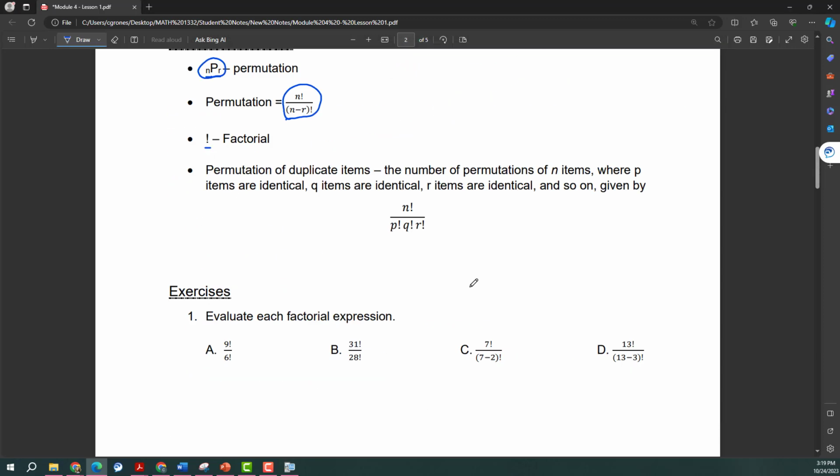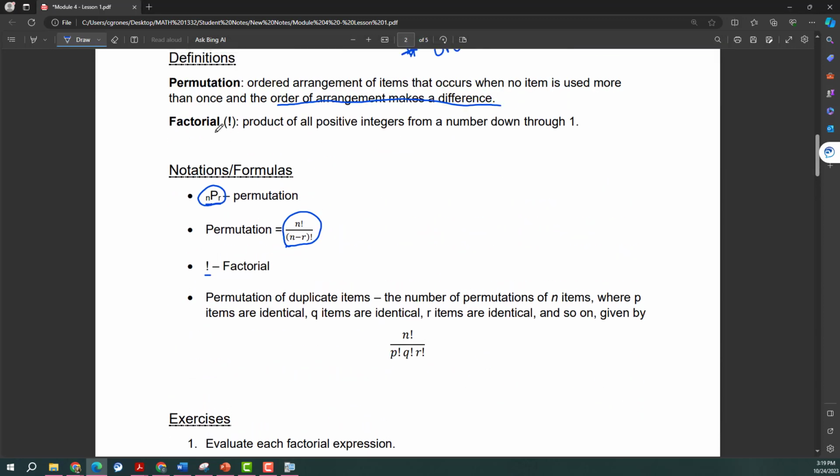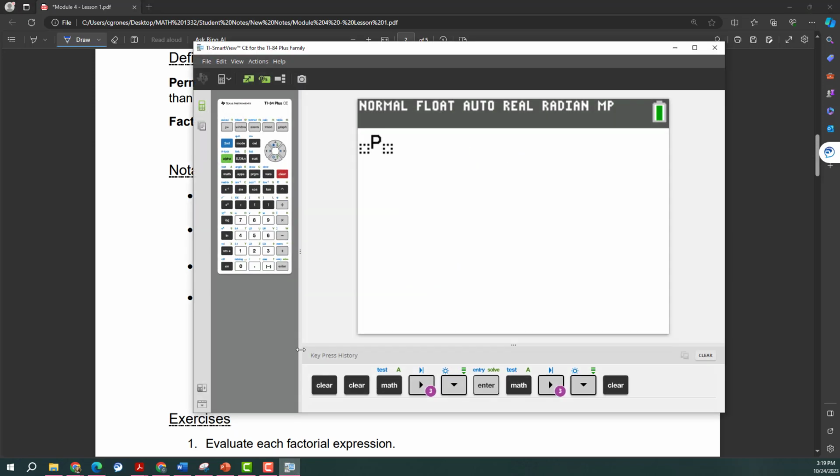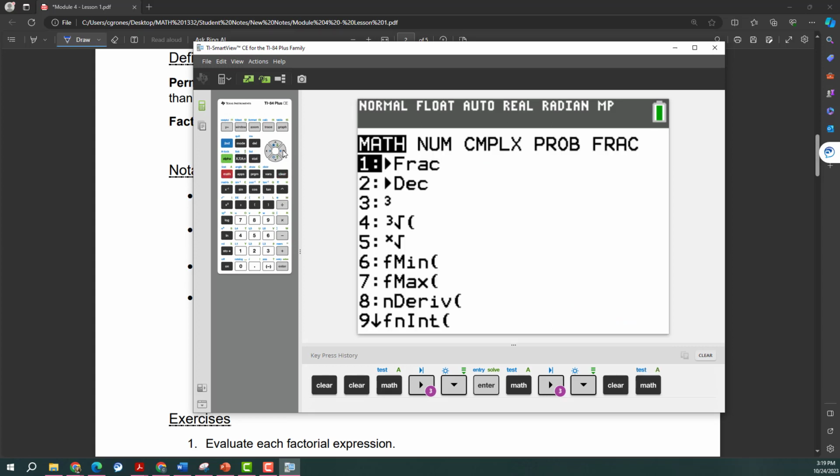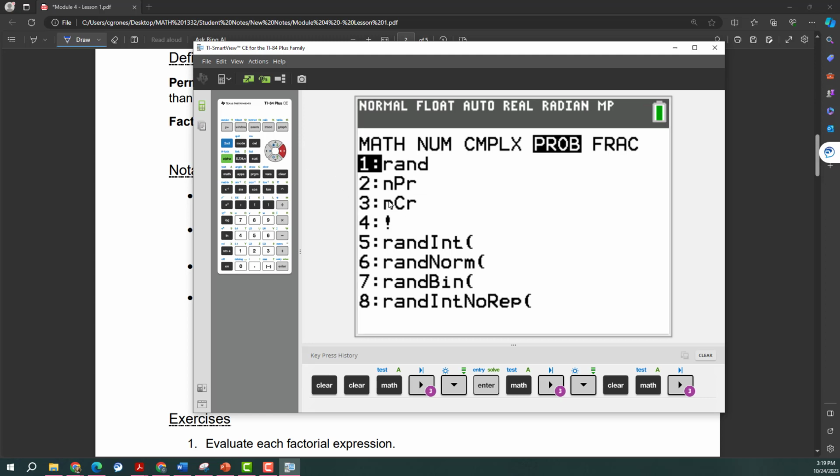Okay, so a factorial is just a product of all positive integers from a number down through 1. So let's say if we have 3 factorial, we're going to multiply starting at 3 and then go down to number 1. This can also be calculated easily with your calculator. If you click on math and probability, the factorial is below nCr.